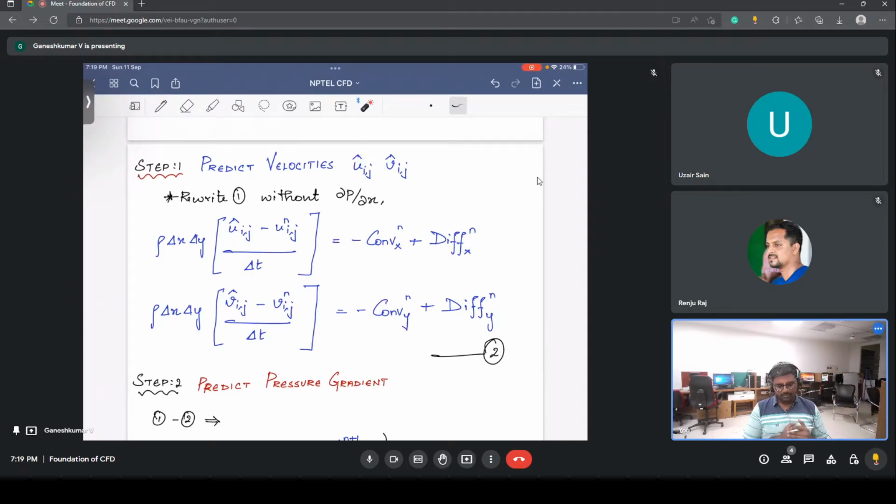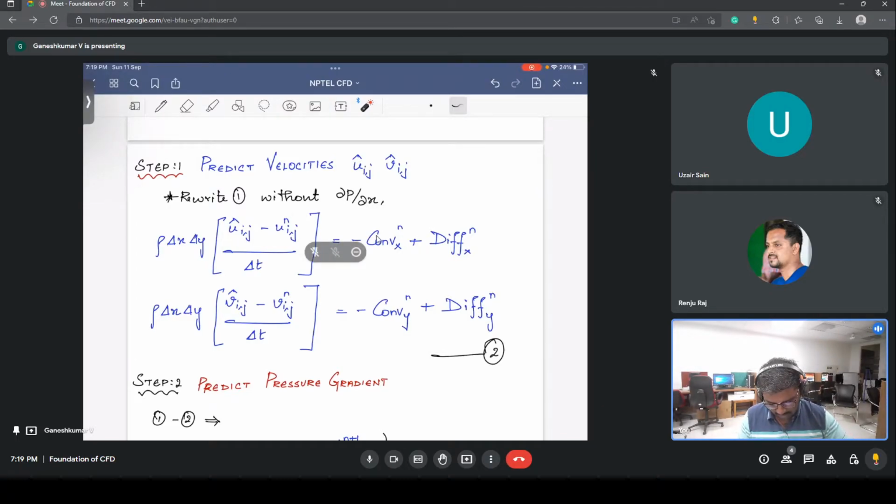So any basic solver or solution algorithm is going to predict velocity and pressure, and then correct it. This is called the segregated approach. In a coupled approach, we don't do it in steps. We will do it at a stretch. Maybe we will have a slight discussion on the coupled approach by the end.